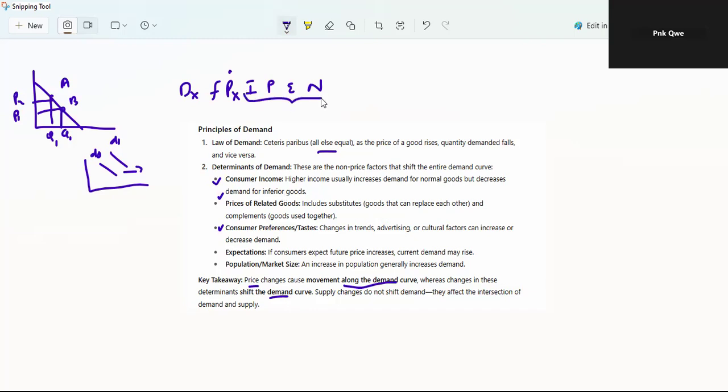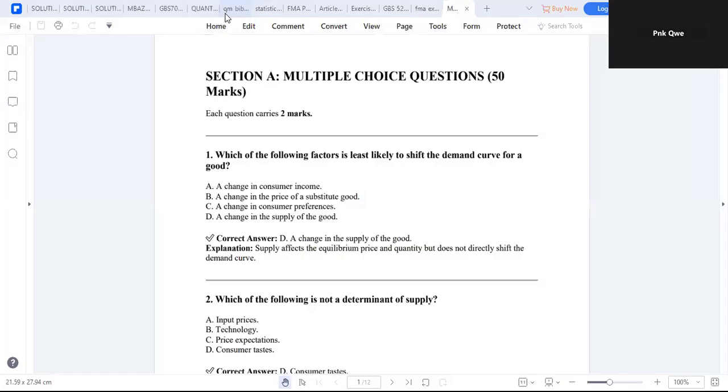So we go back to our question to apply what we're talking about. Which of the following factors will least cause a shift in the curve? The answer is a change in supply of the good. Supply only affects the equilibrium price.